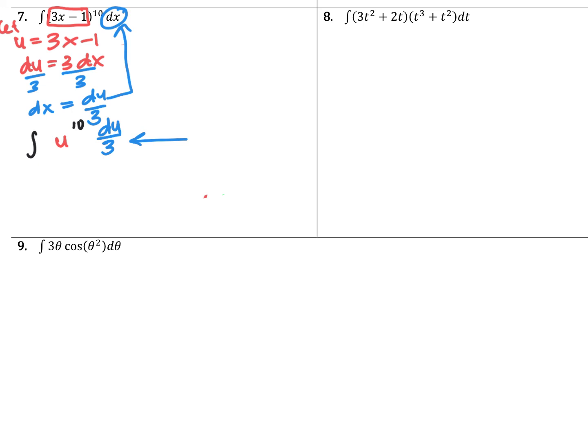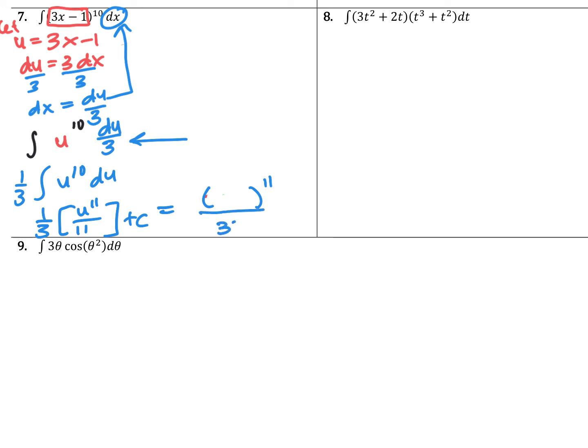So that's going to give me 1/3 times the integral of u to the power of 10 du. So 1/3 times, if I add 1 to 10, I get 11, and then I'm going to divide by 11. So this is going to become u to the 11th over 11 times 3 is 33, plus c, and then I'm going to plug in what u was. u was 3x minus 1.